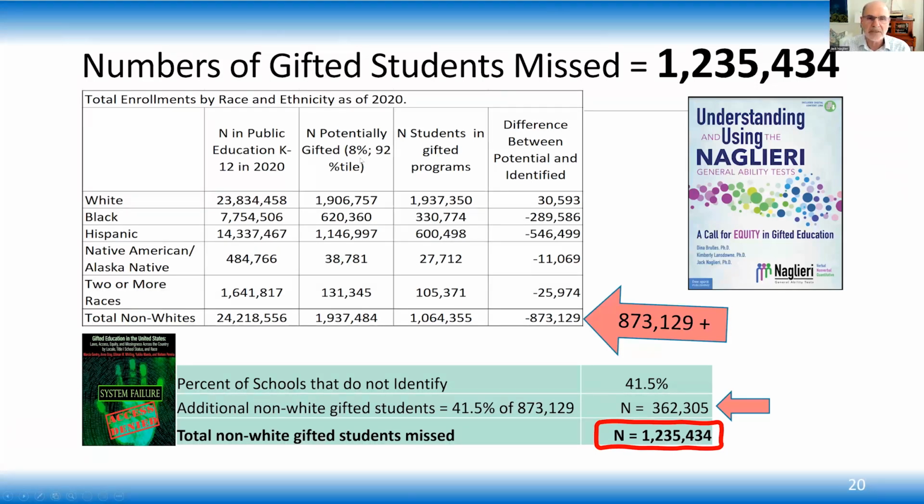We chose 8, it seemed reasonable. And then we compared the number potentially gifted to the number who actually are gifted, and the difference, we get 873,000. Brilliant, wonderfully smart Black and brown children who are smart enough to be gifted but aren't.